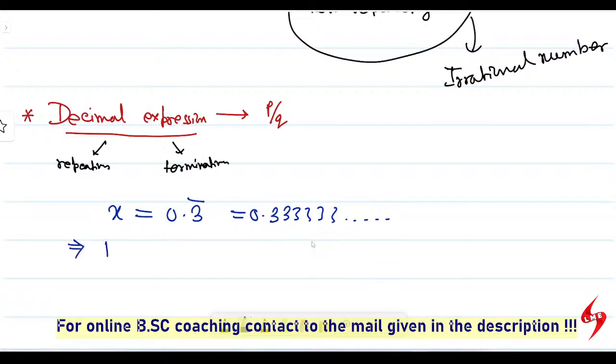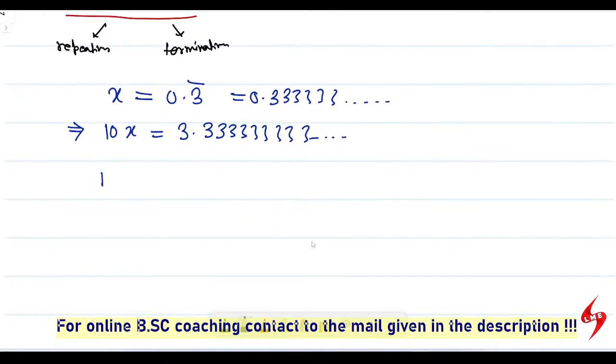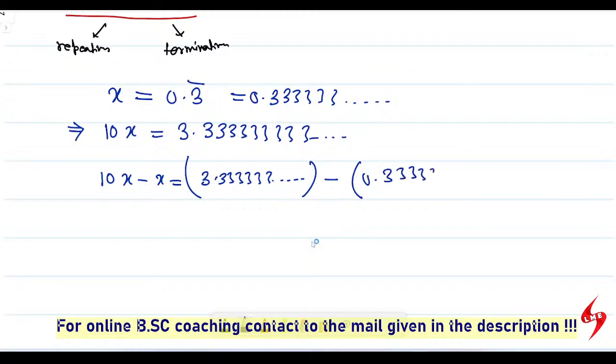So if I multiply 10 with this, then the decimal jumps one digit to the right. So the number will be 3.33333333 and so on. Now if I subtract, 10x minus x: the 10x is 3.33333 and x is 0.333333 and so on.